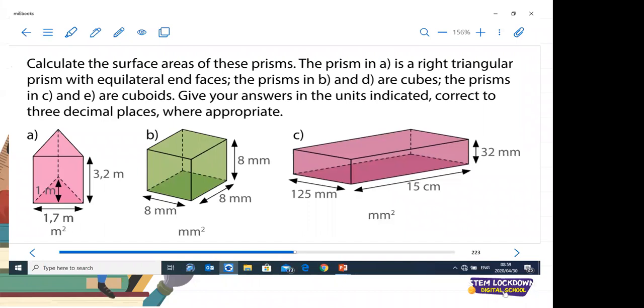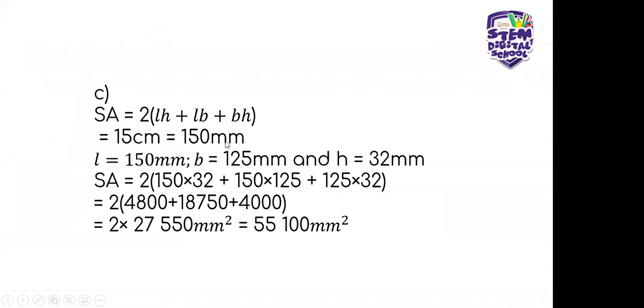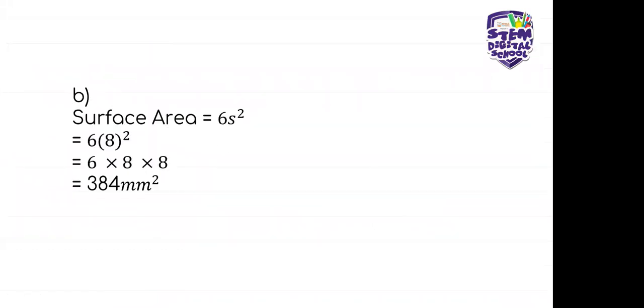Let's carry on now. I'm just going to demonstrate to you the first one here. In order to calculate the surface area of the cube, you will just need to calculate one area. By the way, the length is also the side.